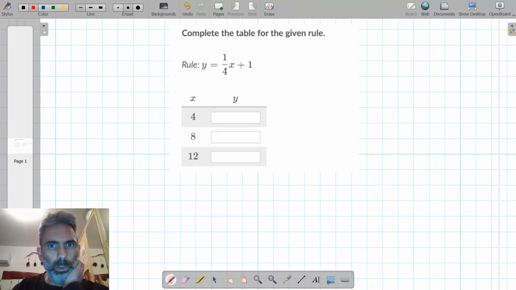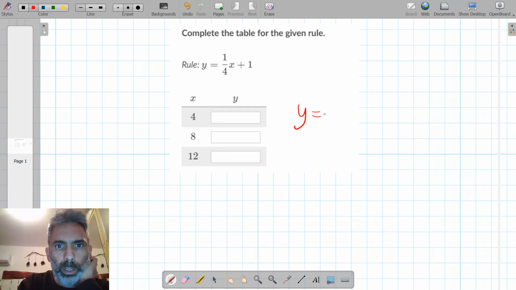Complete the table for the given rule. The rule is y equals 1/4 times x plus 1. Here we know the value of x, we don't know the value of y. So y equals 1/4 times x, which is 4 in this row, plus 1.